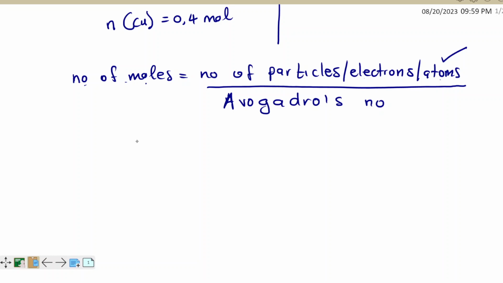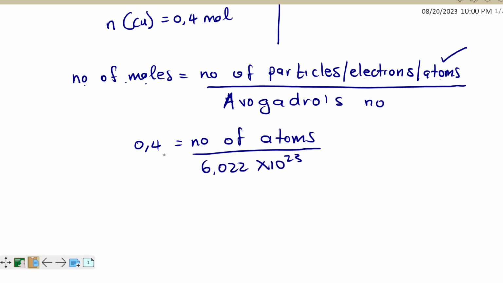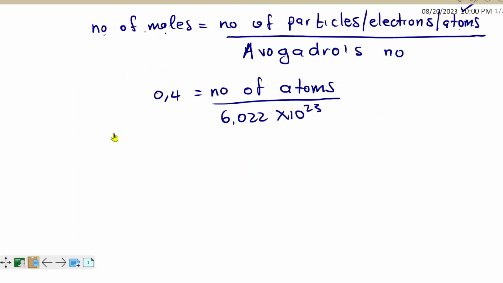So we want to find the number of atoms. Then we're going to divide by the Avogadro's number, which is 6.022 times 10 to the power 23. This is over 1. So we're going to cross multiply here. Then we find the number of atoms.